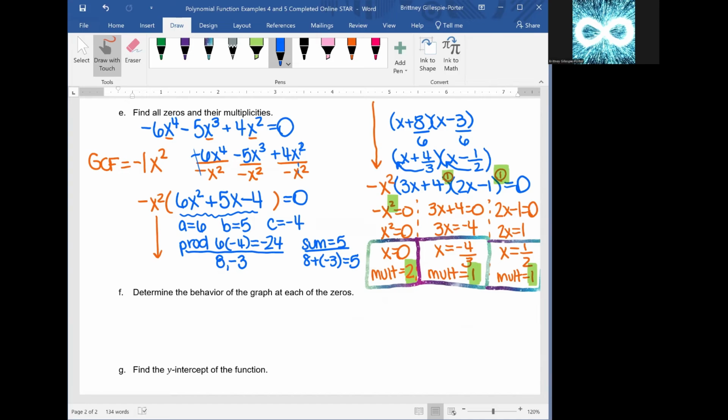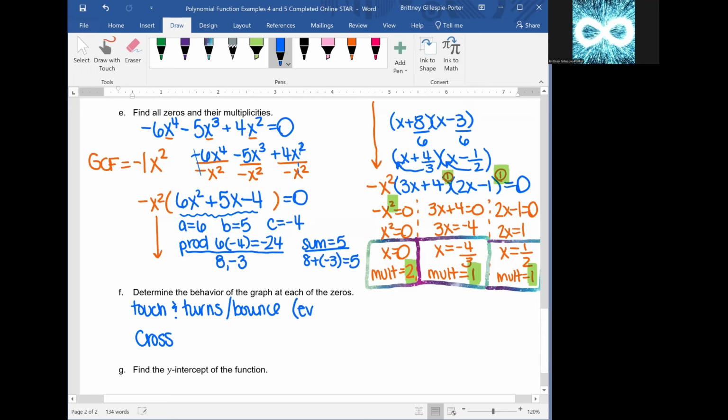Here, we want to know if the graph touches and turns, which remember is also bounce, or whether the graph crosses through the x-intercept. Remember, touches and turns or bounce is when you have an even multiplicity, and cross is when you have an odd multiplicity.